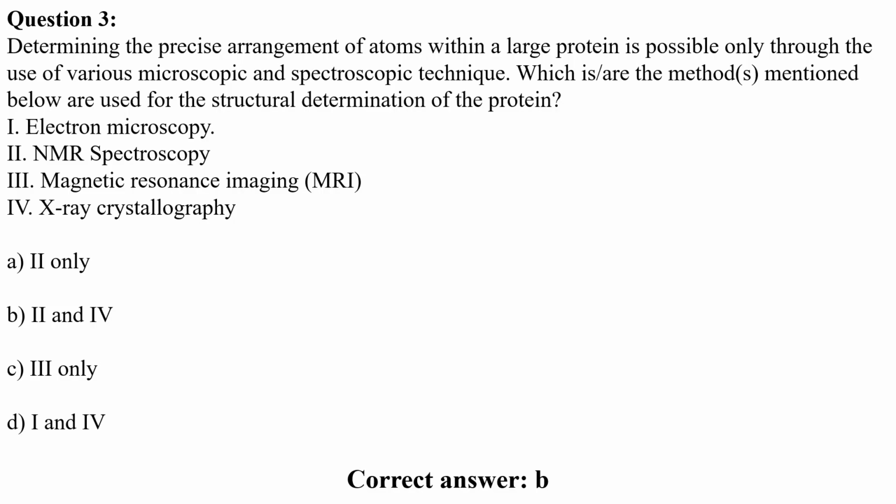Whether it is a globular protein or a membrane protein, how will it look, how many alpha helices and beta sheets are there, how are those alpha helices and beta sheets arranged against each other, all that information can be achieved by these two techniques, NMR spectroscopy and X-ray crystallography.